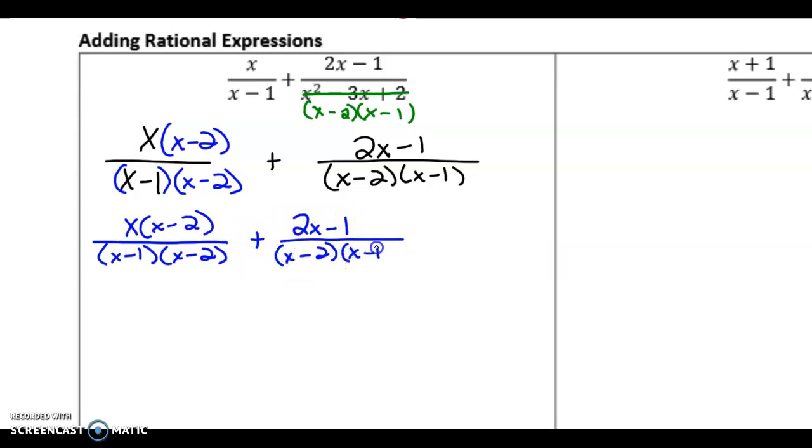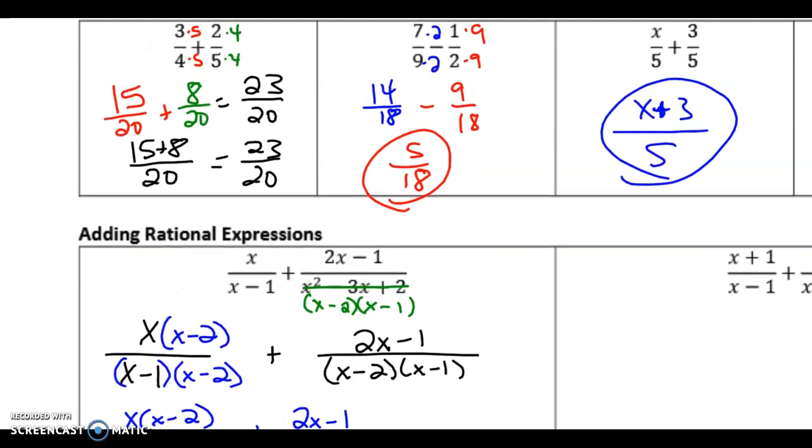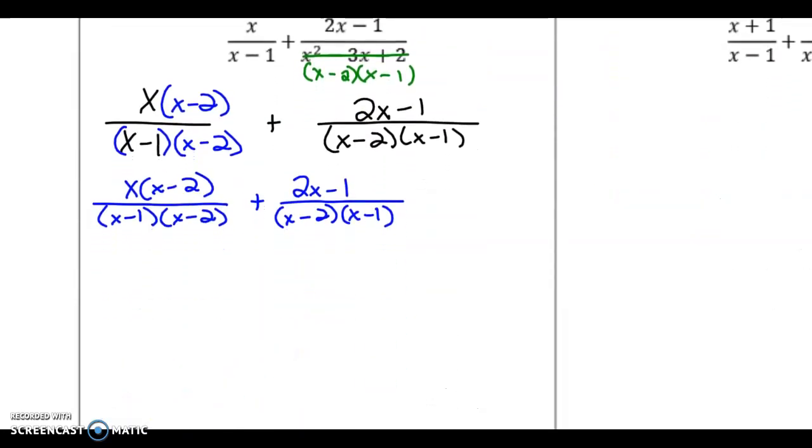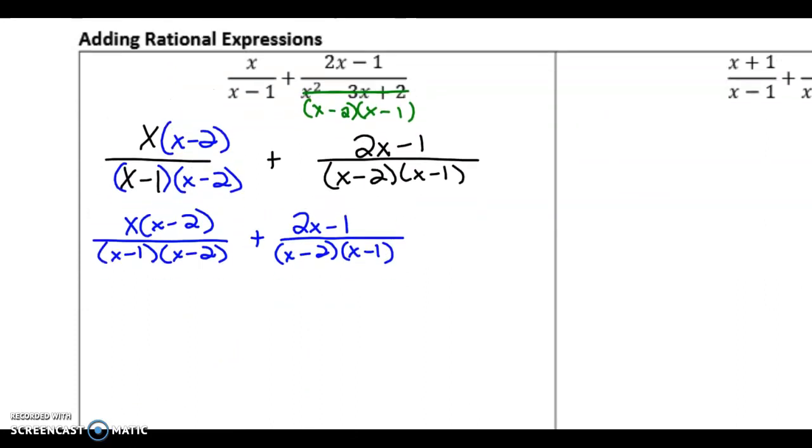Remember up above when we had a common denominator, like 20, we could then rewrite it as one fraction instead of two separated fractions. So let's put these together as one fraction. So we have x times x minus 2 plus 2x minus 1 all over x minus 1 times x minus 2.